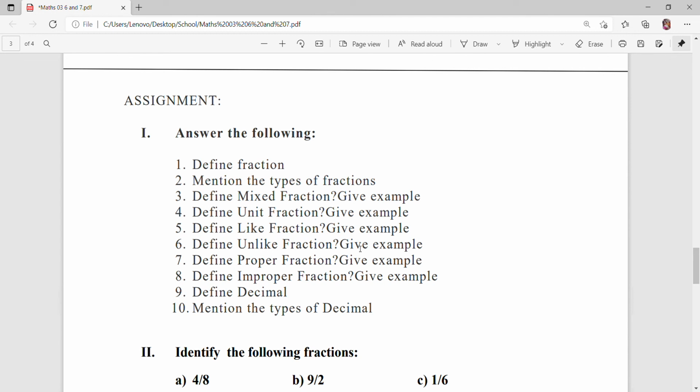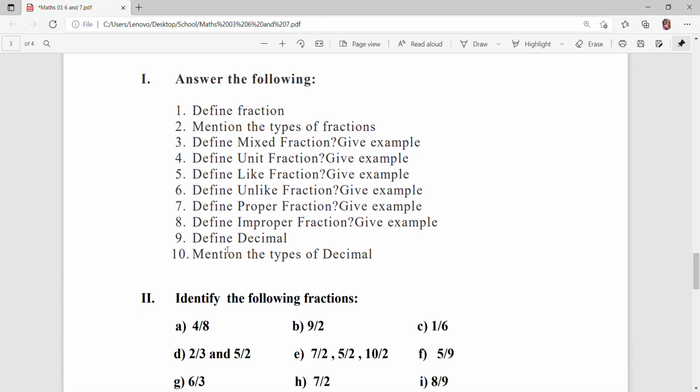Don't copy from above. Okay? Don't write by looking at what is above. Write examples of what you know. You don't have to take the ones from there. You already know what is meant by mixed fraction, unit fraction, like, unlike. So you can create your own examples. And define decimals. Mention the types of decimals.